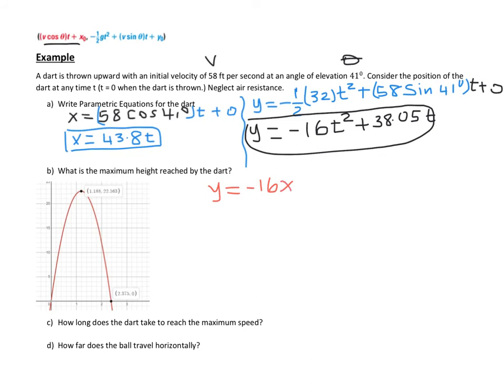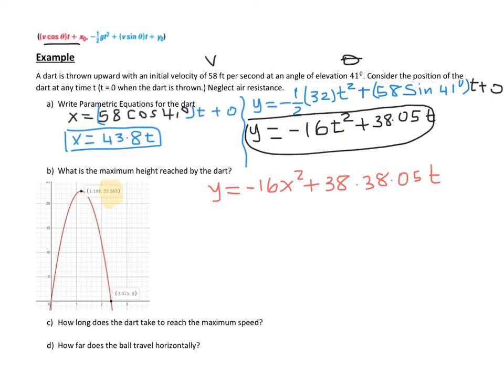You cannot use t as your variable when you're graphing, so use x. So go ahead and graph this in decimals, and when you do that, you find the maximum height.